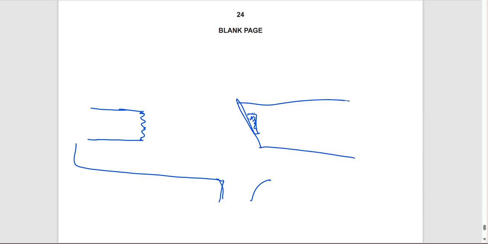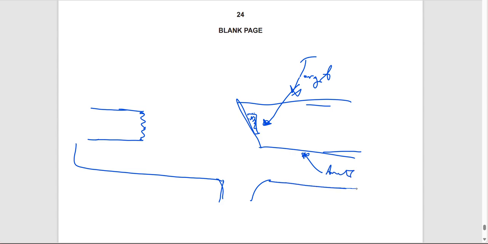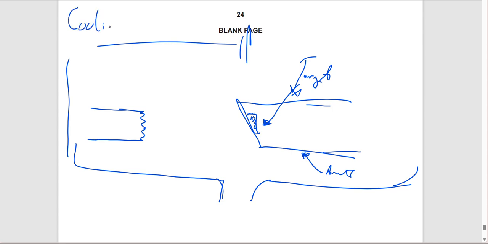This is just half of the diagram. This is the target right there, and that is just the anode, and it's inside a Coolidge tube. I'm not going to draw everything because it's going to take time. Just look up a Coolidge tube.